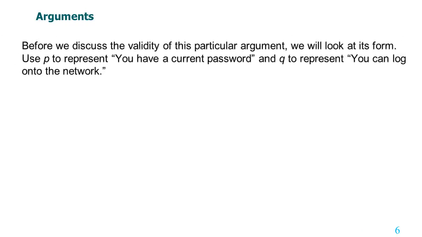Before we discuss the validity of this particular argument, we will look at its form. Use P to represent "you have a current password" and Q to represent "you can log onto the network." Then the argument has the form: P implies Q, that means if you have a current password, then you can log on to the network.